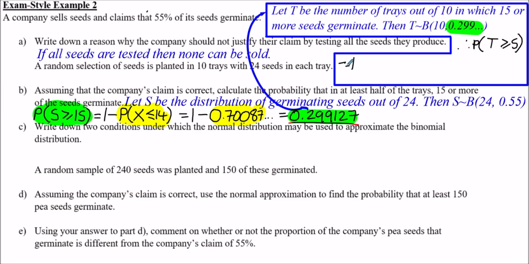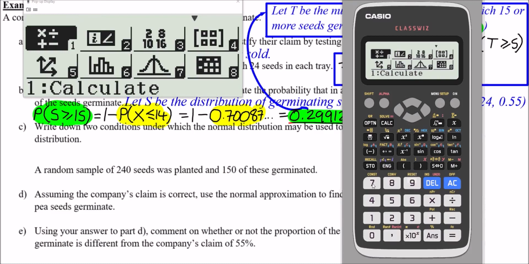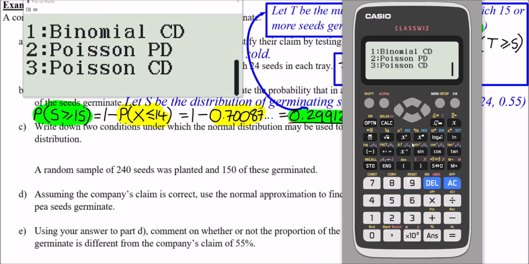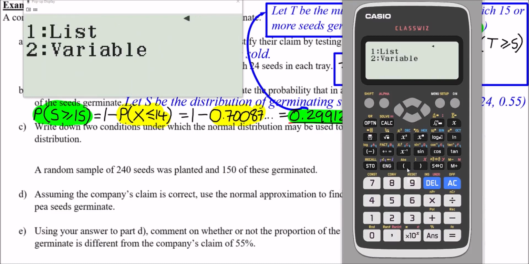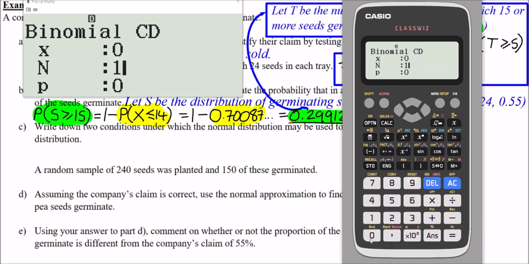That'll be 1 subtract the probability of having 4 or fewer trays with 15 or more germinating seeds. So now we just alter our calculation here. So we go menu, 7, back to binomial CD, only now we're talking about number of trays. So there's 10 trays in total.